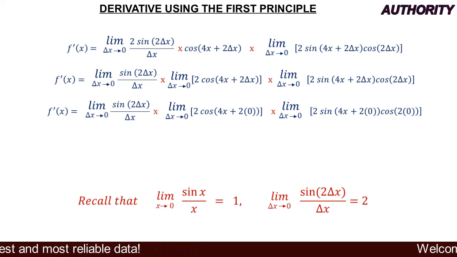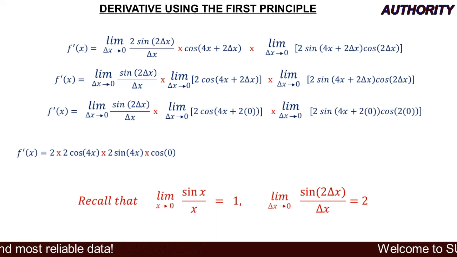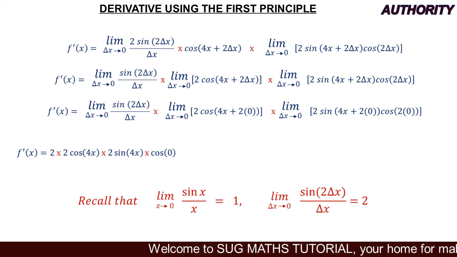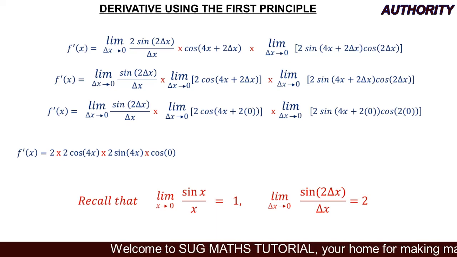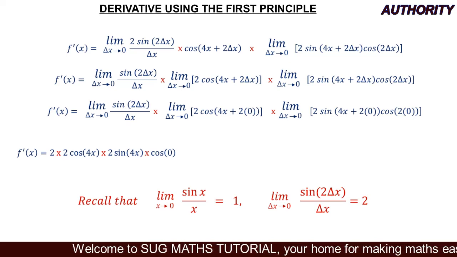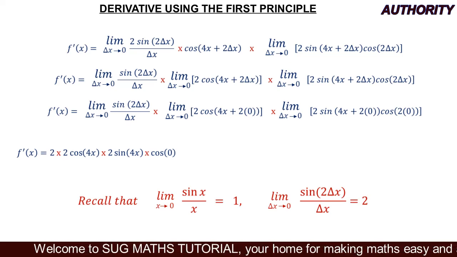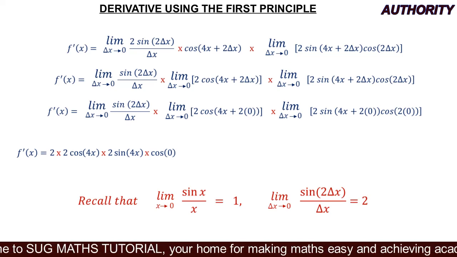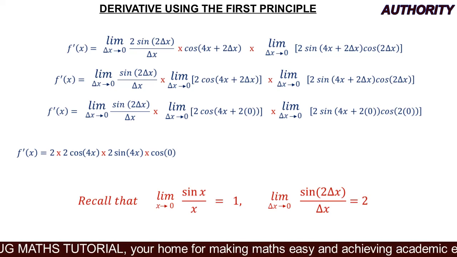Yes. Now let's go. That means we have f prime of x is equal to, the first one gives us 2 multiplied by, here we have 2 cos 4x plus 2 times 0 is what? Is 0. So here we have 4 plus 0 is 4. So here we have 2 cos 4x. Then that is for the center. Then the last part here, we have 2 sine 4x plus 2 times 0 is 0.